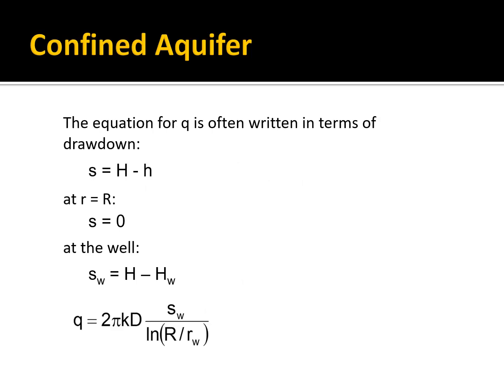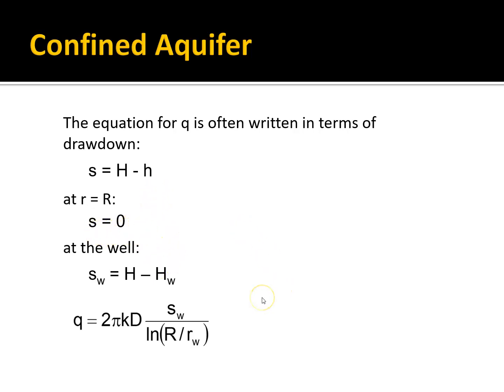You can also write this equation in terms of drawdown. Remember, drawdown is the distance from the initial water table height down to the water table at any given point. So in general, it's H, capital H minus little h. At the radius of influence, the drawdown is 0.